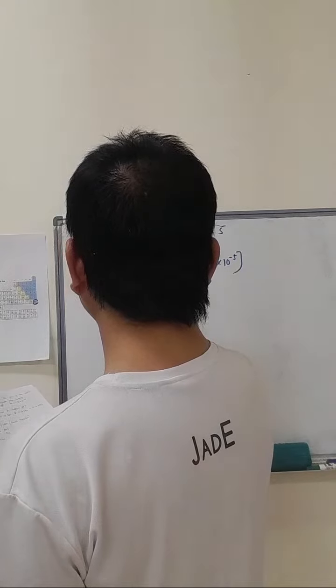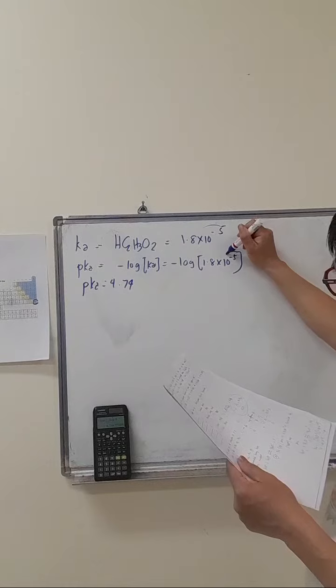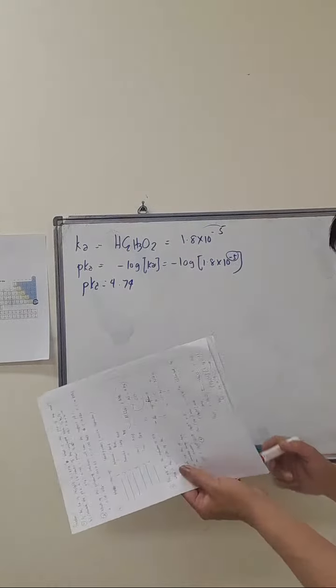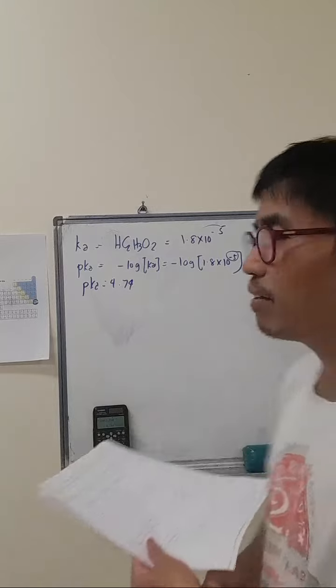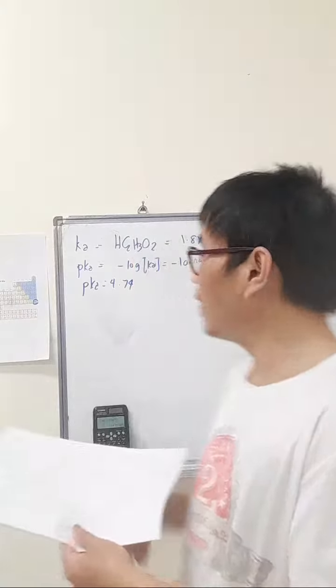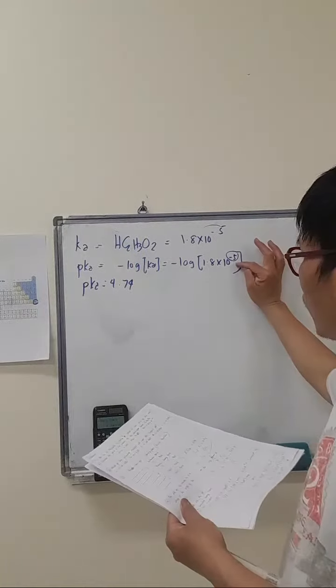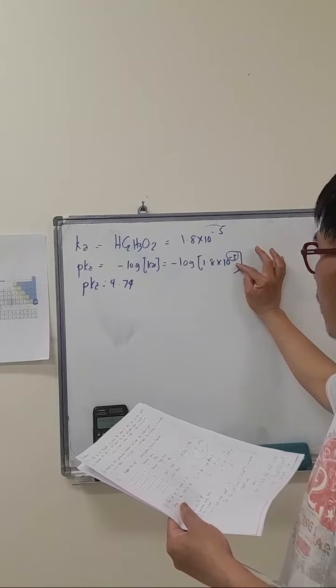4.74. Now guys, take note, if you have an exponent of negative 5, your approximation of your answer will not go beyond 4. It's always lesser than 5. So the exponent here determines the whole number of your pKa. Why positive?